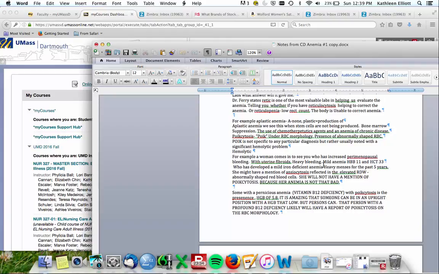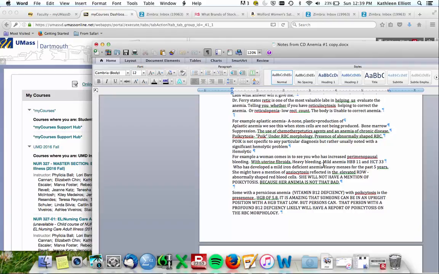For example, a woman comes in to see you who has increased perimenopausal bleeding with uterine fibroids, heavy bleeding, mild anemia, hemoglobin is 11, hematocrit is 33. She has developed a mild iron deficiency anemia. She's had heavy menses for the past 5 years.